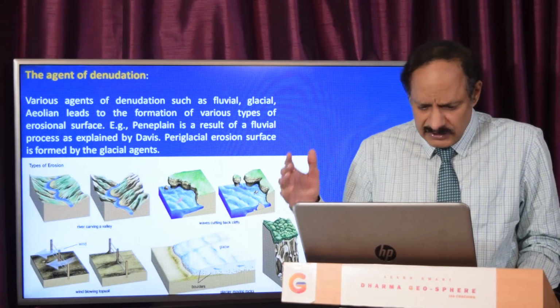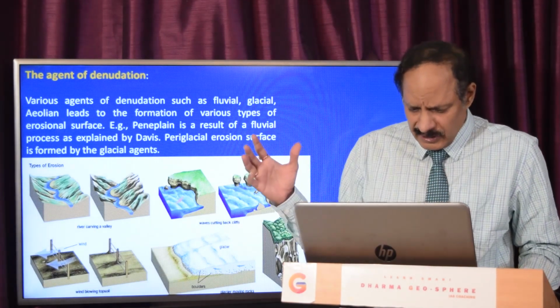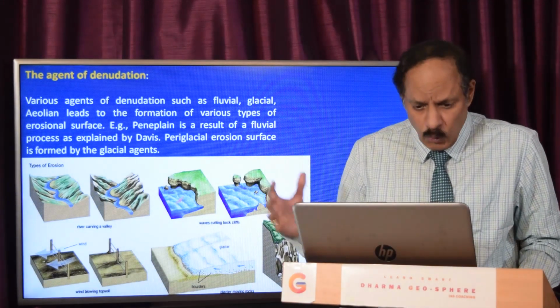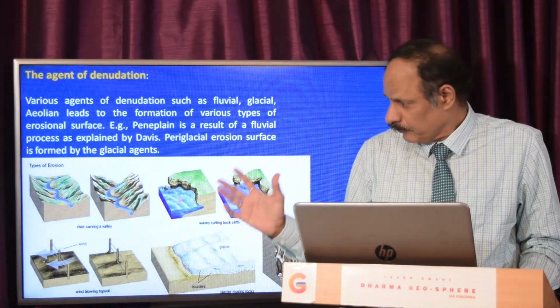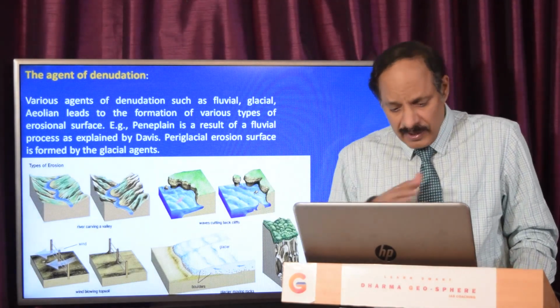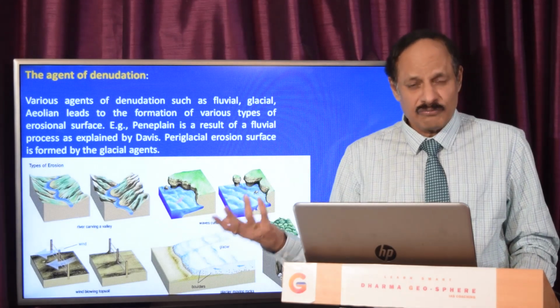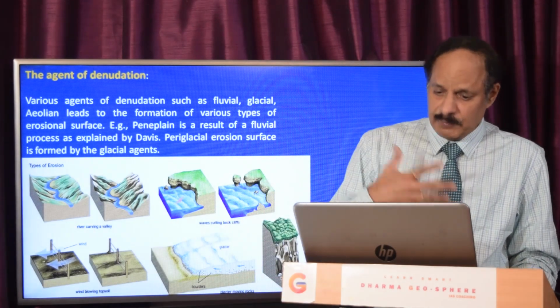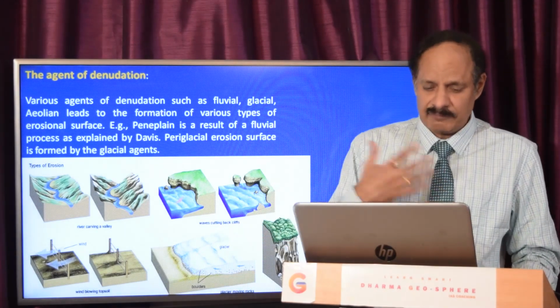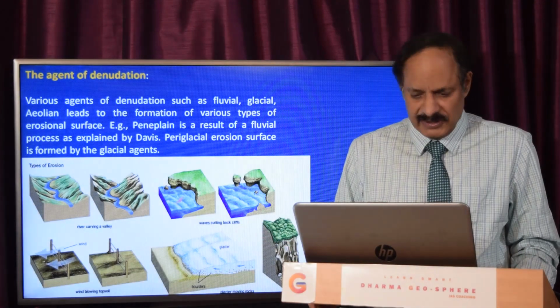So you can see the various agents of denudation, fluvial, glacial, wind and so on, have formed various types of erosional surfaces. For example, the peneplain is a result of fluvial processes, whereas the periglacial erosion surface is caused by the glacial agent.